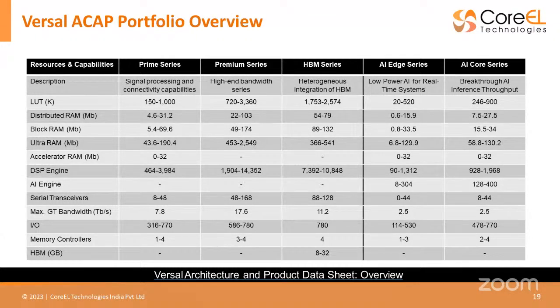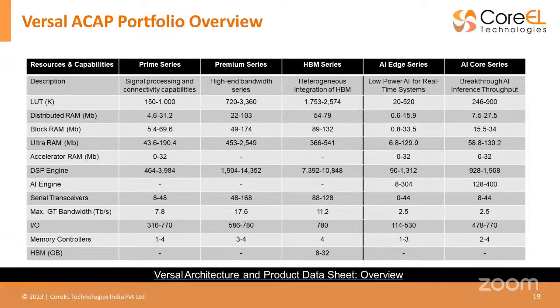We have different families for different purposes and different reasons. You have your Versal Prime series for your signal processing and connectivity capabilities. You have your Premium series for high-end bandwidth services. You have your HBMs for high bandwidth memory applications, heterogeneous integration of HBMs.